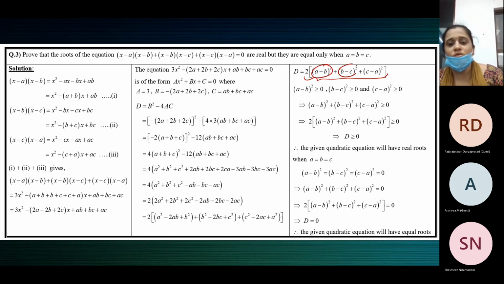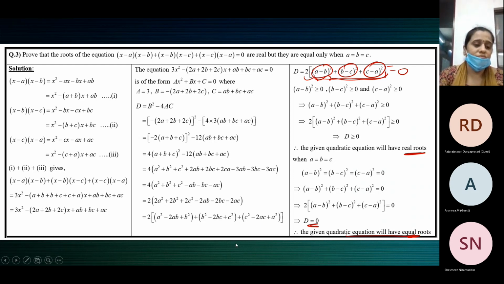The sum also is 0. Into 2 is also 0. So that means the discriminant is 0. So when A is equal to B is equal to C, the quadratic equation will have equal roots. Otherwise, it will have real roots, real equal or real unequal. If A is equal to B is equal to C, it will have equal roots. Right, children?